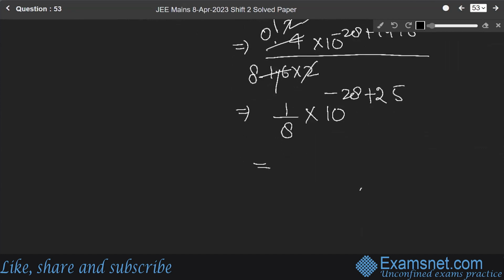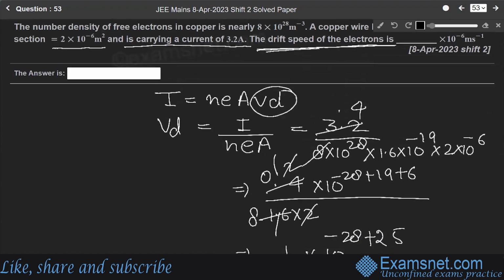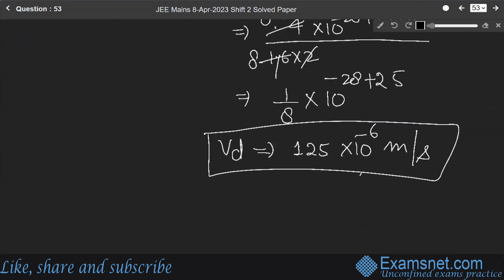So it will become 125 into 10 to the power minus 6 meter per second. So the drift speed VD equals 125 into 10 to the power minus 6 meter per second.